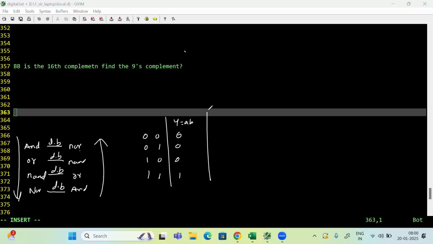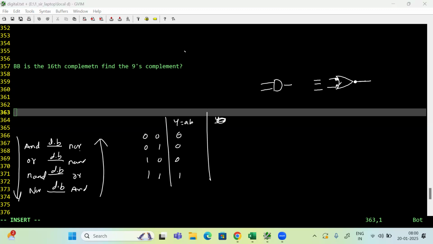Now, bubbled NOR. Can you tell me which is NOR? I'll do one. Bubbled NOR, what is the symbol?